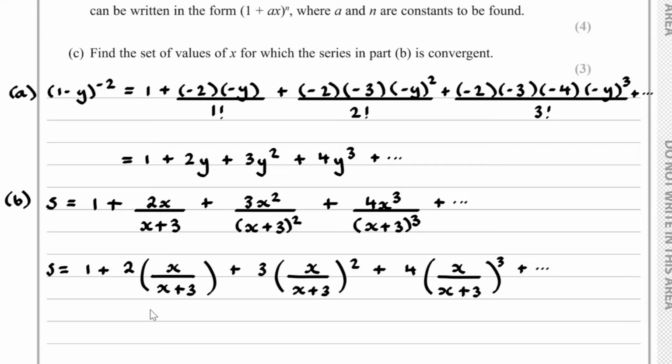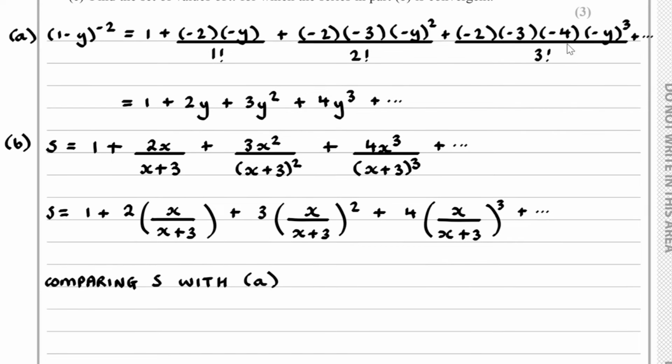Now, let's compare with the result which we found here. We've got 1 plus 2y, well here we've got 2 lots of x over x plus 3. Here we've got a 3y squared, but here we've got 3 lots of x over x plus 3 squared, and so on and so forth.